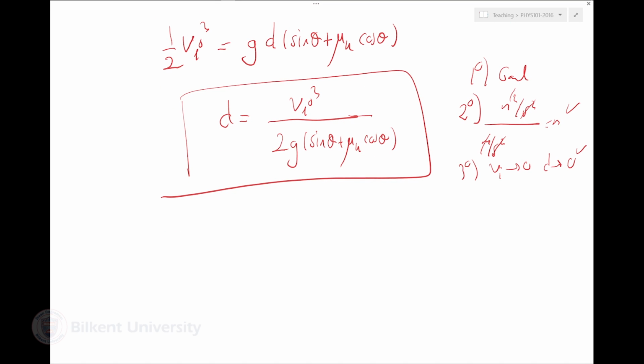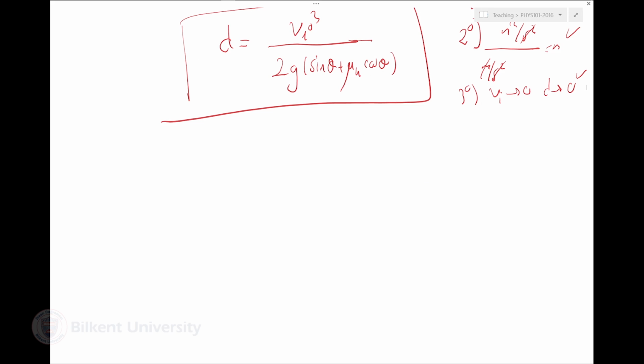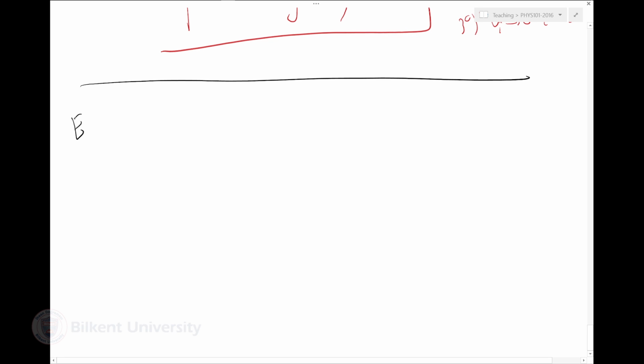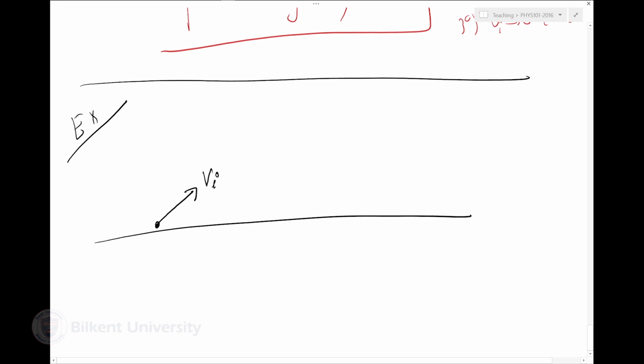So let's talk about other things. Let's talk about projectile motion. So if I'm throwing an object with velocity vi, which has mass m, with an angle theta, I would like to calculate two things.